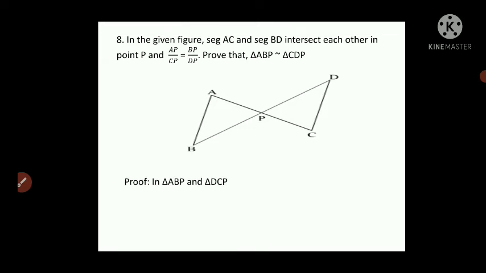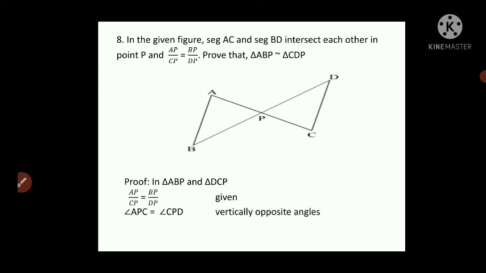We'll start with the proof. In triangle ABP and triangle CDP, we know that AP upon CP is equal to BP upon DP, which is given. These two sides are given, and when two lines intersect each other, the vertically opposite angles formed are congruent.